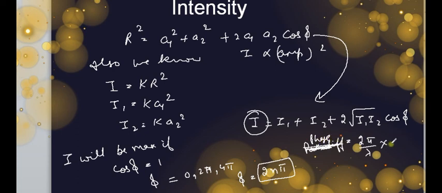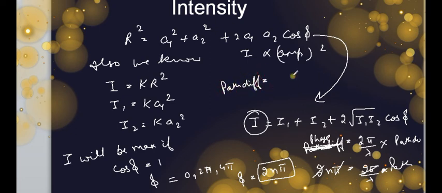So phase difference is equal to 2 pi by lambda into path difference. So phase difference 2n pi is equal to 2 pi by lambda into path difference. Here 2 pi cancels with 2 pi. So what you are getting here is that path difference is equal to n lambda, or you can say an even multiple of lambda by 2. Both are the same thing. So this is the condition for maxima, where you will get the maximum intensity after superposition.